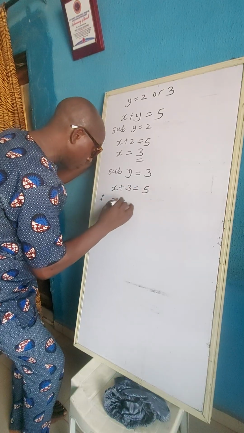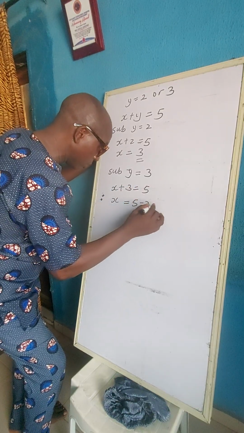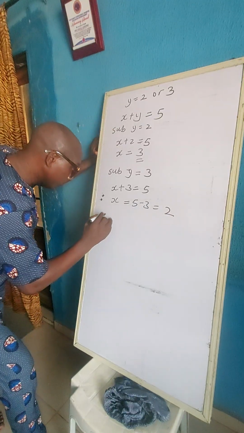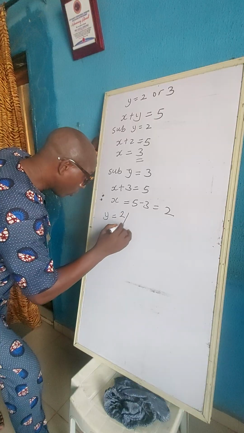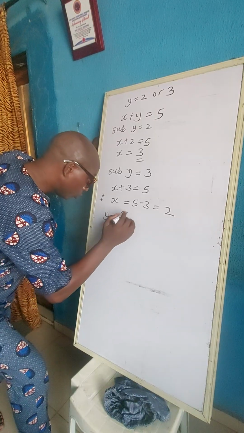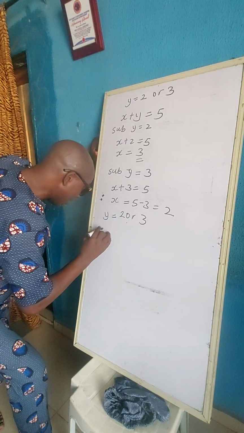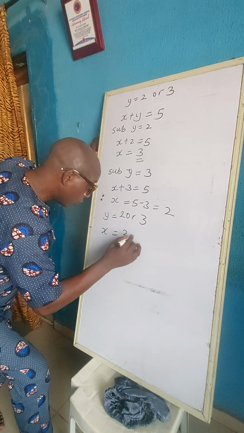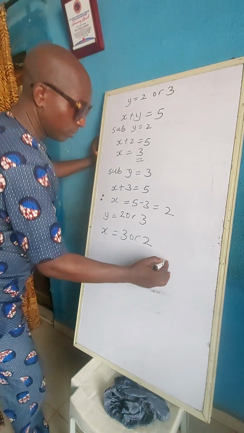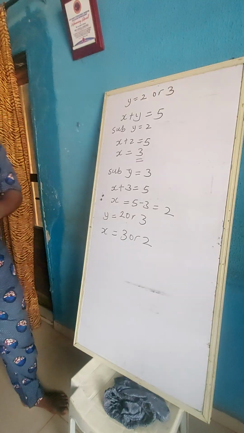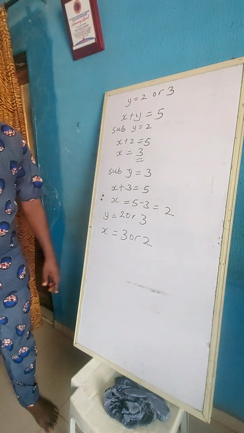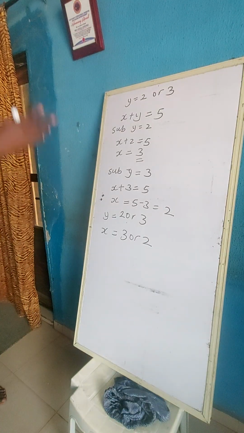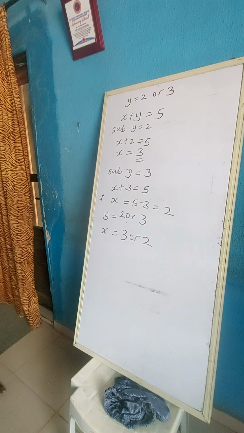That means x equal to 5 minus 3 equal to 2. It means y equal to 2 or 3, and x equal to 3 or 2. That's the final answer. That one is a quadratic simultaneous equation: one linear, one quadratic. Thank you very much.